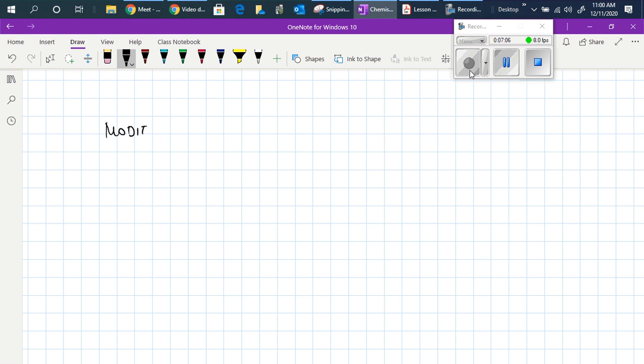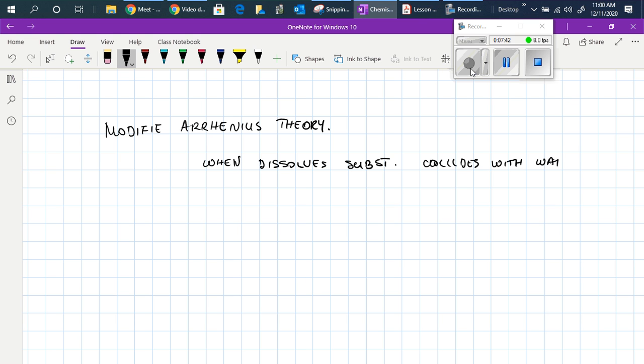The modified Arrhenius theory is stating that when dissolved substances collide with water, they either steal or donate hydrogen from a water molecule.